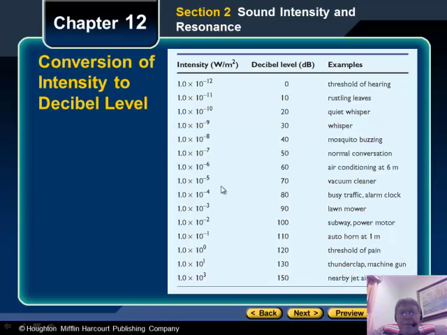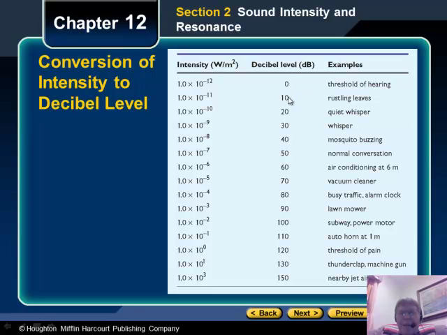And here you can see some examples of that, and you see that a decibel level of 0 does not mean there's no noise. That is on the threshold of hearing. That's a sound that is just barely audible. And as we get into decibel levels higher than that, we have increasing loudness.